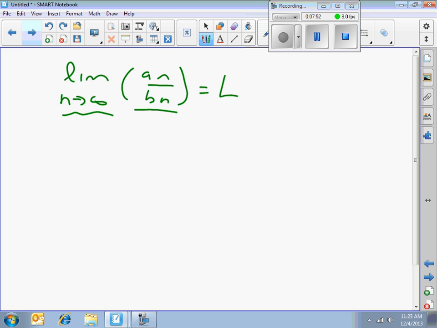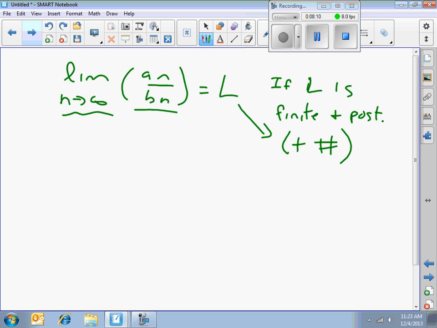This test says if L is a number, but if it's finite and positive, in other words, if L is a positive number, then we can draw the conclusion that whatever was happening with the one I compared it to is happening to the one that I had to start with.